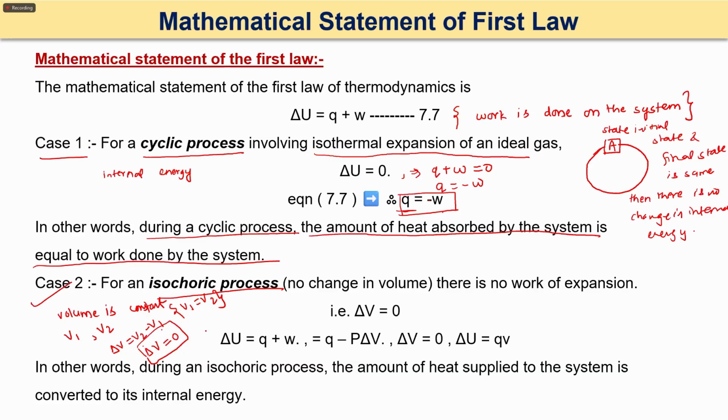So if delta V is 0, we know that delta U equals Q plus W. And W is what? We know that W equals minus P into delta V. Let us substitute delta V, which is 0. Multiplying 0 with P will also give 0, so this whole term will become 0. What will remain? Delta U is equal to Q. As this is an isochoric process, we can write it with subscript V because volume is constant.